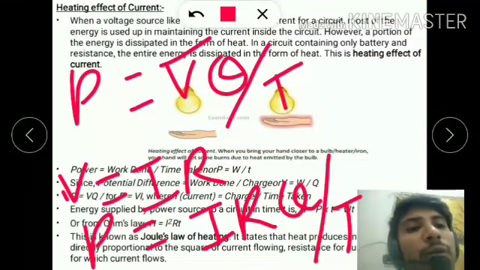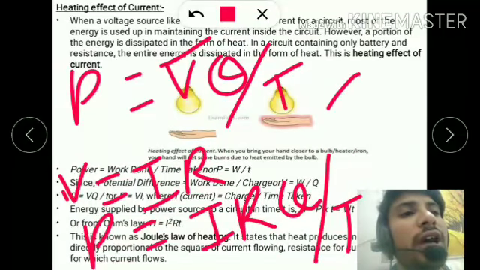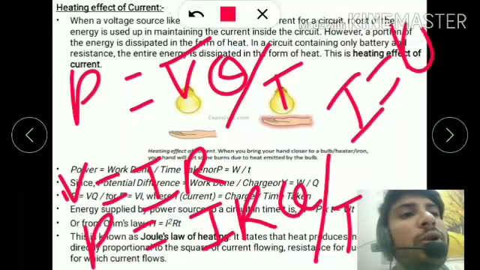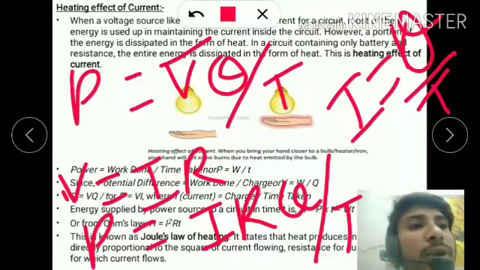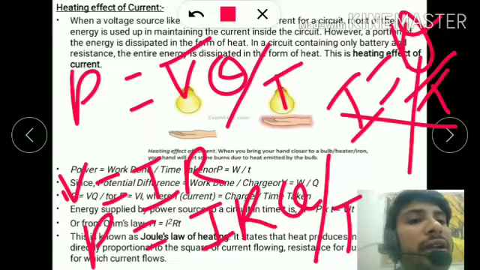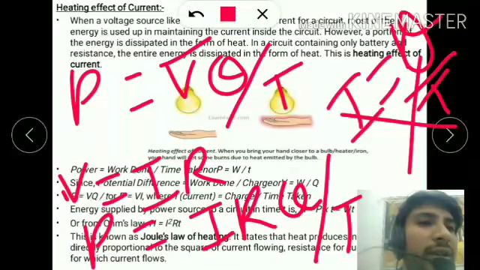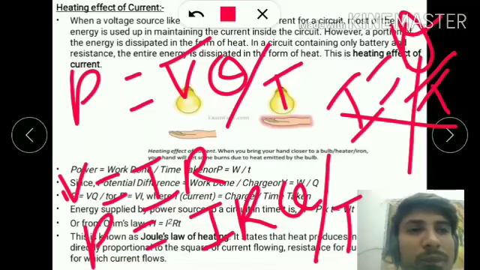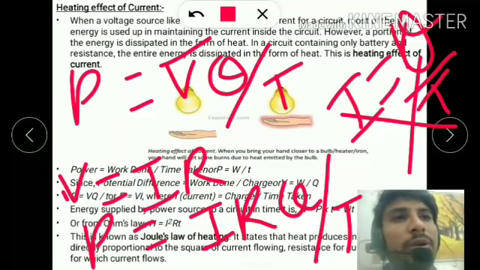Then put the value of Q. I is equal to Q upon T, so the value of Q is equal to IT. Now put the value of Q as IT.